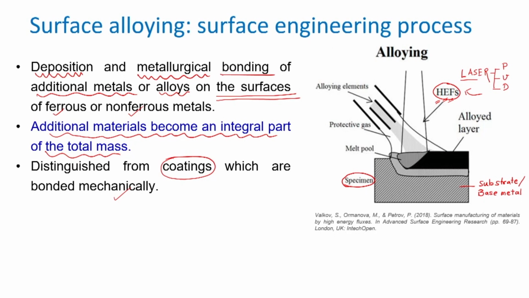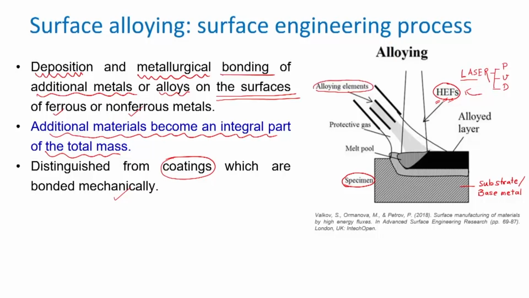So, when there is an increase in the temperature of base material and the deposited material above the melting point temperature, then these two materials will get mixed together, and after passing the laser over the surface, this mixture will get solidified at the same place, and in this way we are getting an alloy over the surface of a definite thickness.